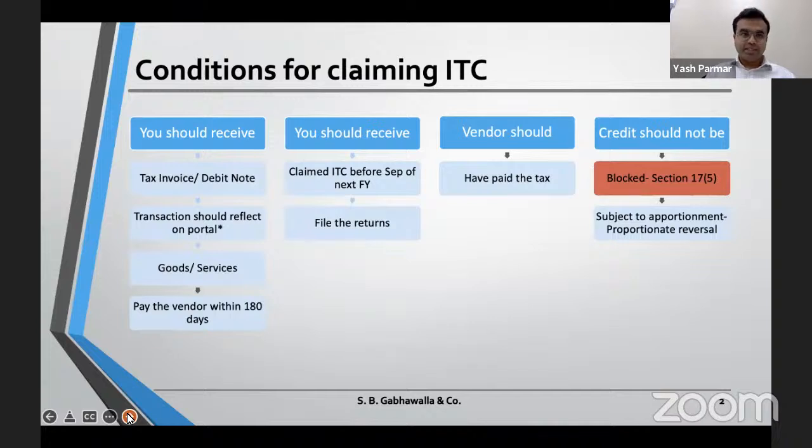The last condition pending for discussion, which we are going to discuss today, is block credit, and section 17(5) of CGST Act 2017 takes care of this particular provision.